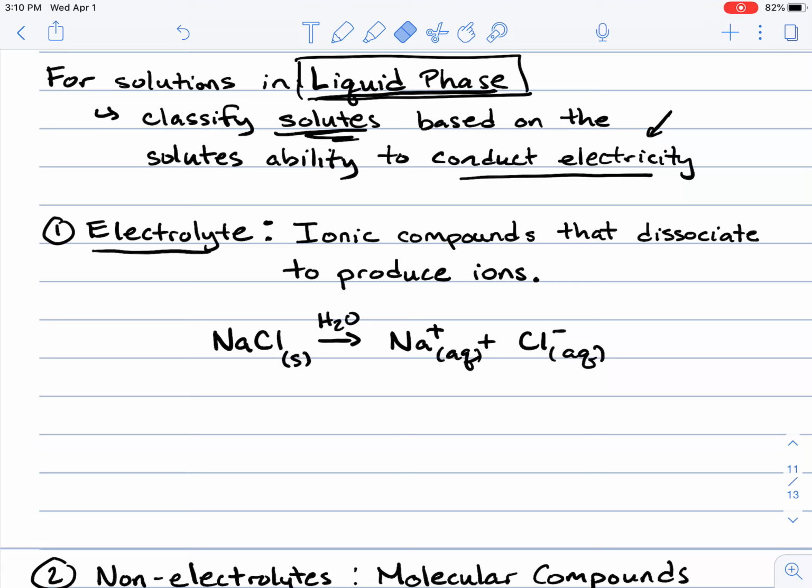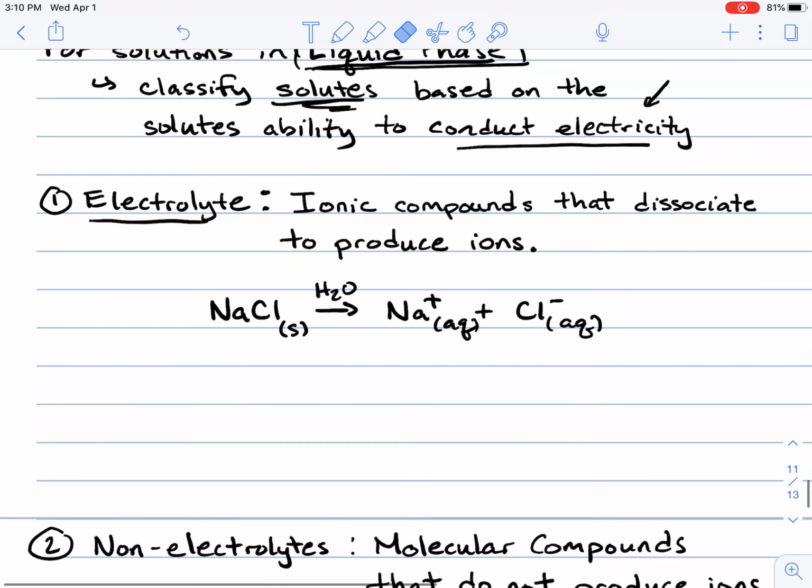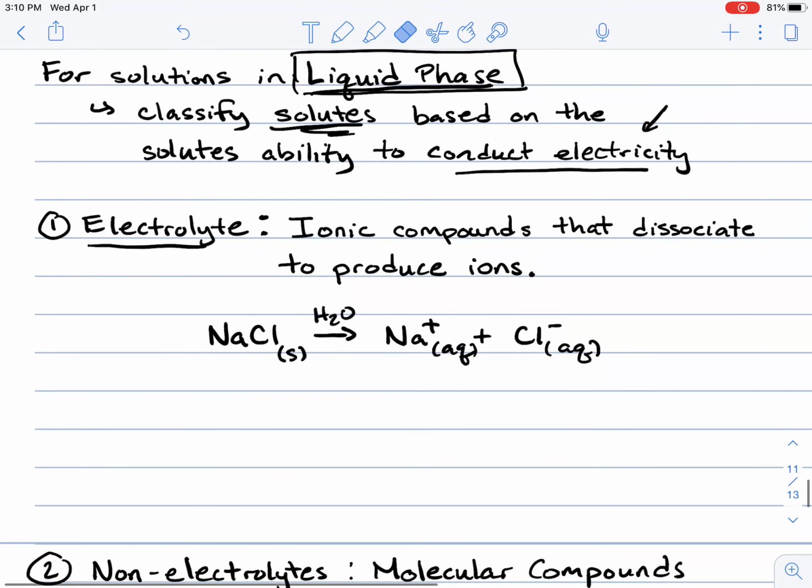So the last item that was discussed was classifying solutes based on their ability to conduct electricity. There were two terminologies I wanted to go over: electrolyte and non-electrolyte. If a solute is an ionic compound, and you place it in water, it's going to produce ions.